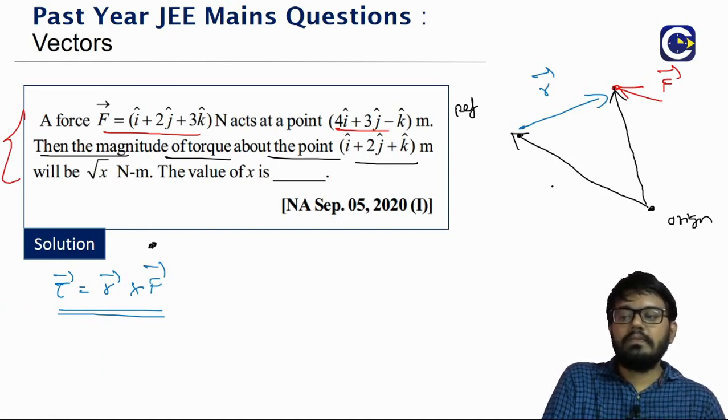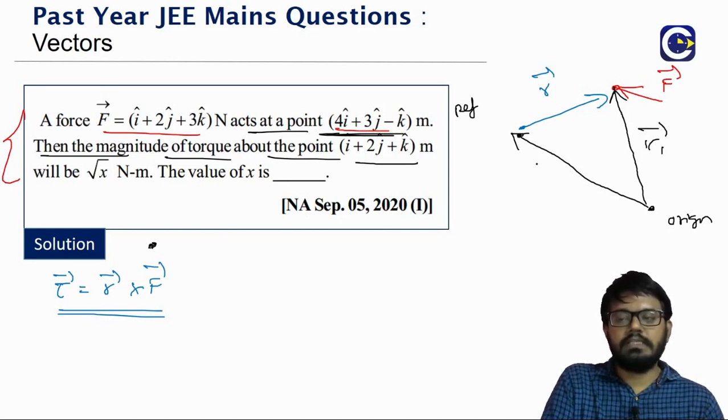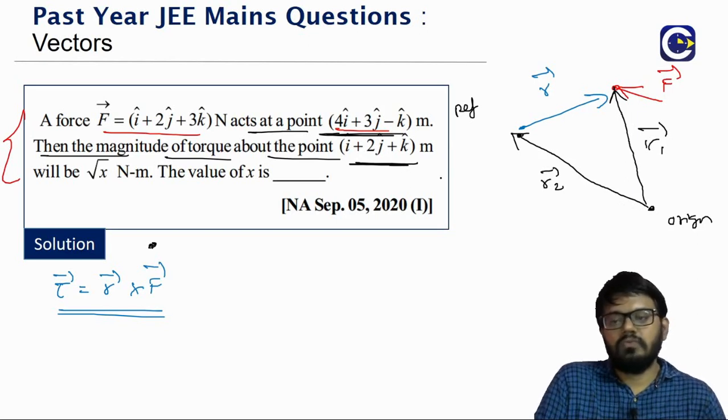Look at this. Call the position vector of the point where the force is acting, from the origin, r1, and the position vector of the reference point about which we are finding the torque, with respect to the origin, r2.